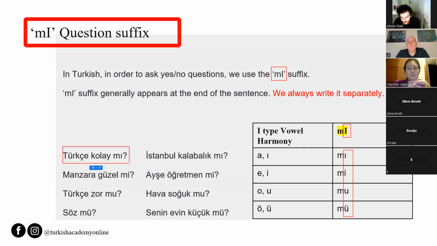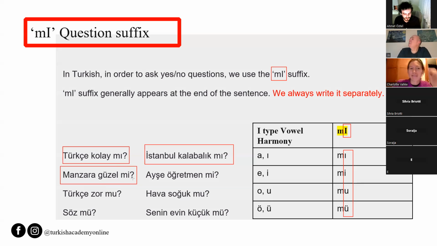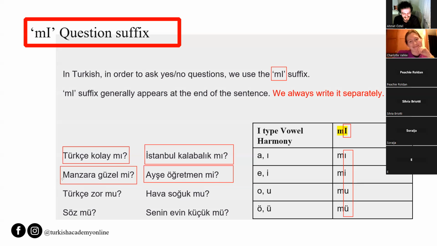Türkçe kolay mı? If you want, you can answer evet and hayır to all these questions. Someone? Türkçe kolay mı? Hayır. İstanbul kalabalık mı? Evet. Manzara güzel mi? Let's say Boğaz. Evet. Tamam. Ayşe öğretmen mi? Bilmiyorum. Bilmiyoruz.